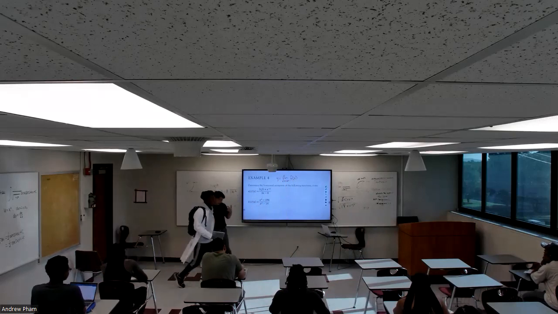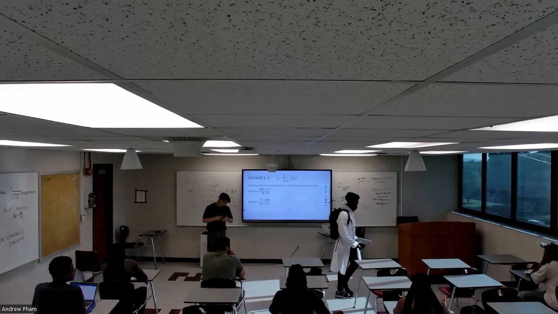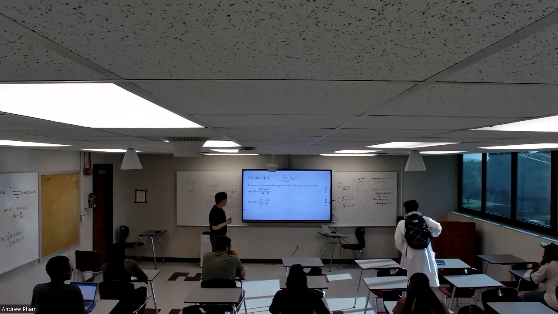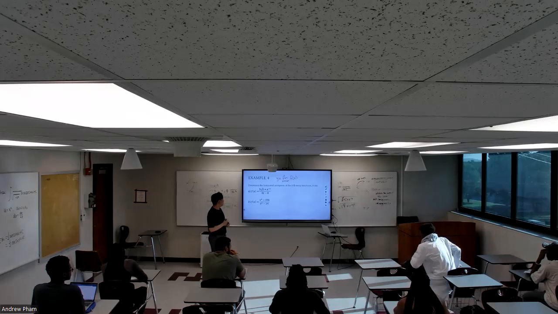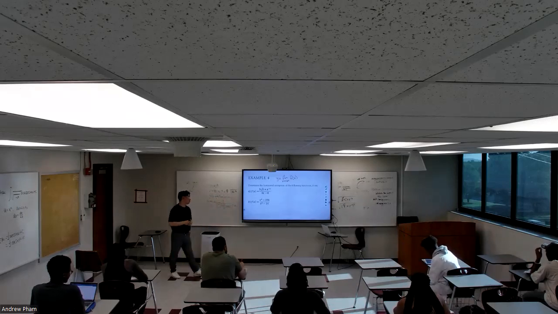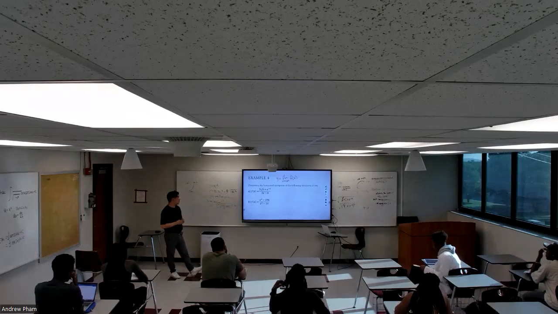So if I'm looking at part A, I want to find the horizontal asymptote of this given function. f of x is equal to 5 times the square root of x plus x to the negative 6 power over 3x minus 8.